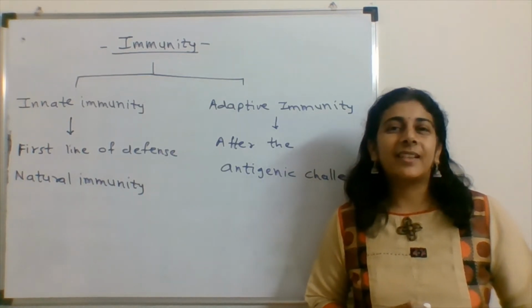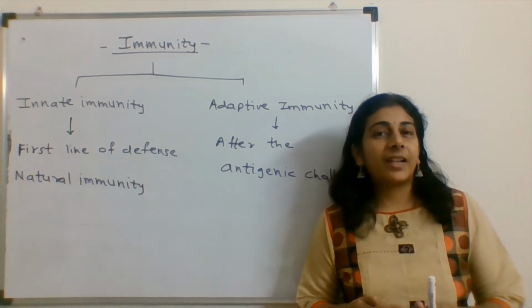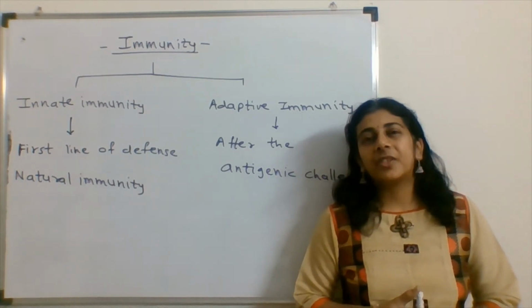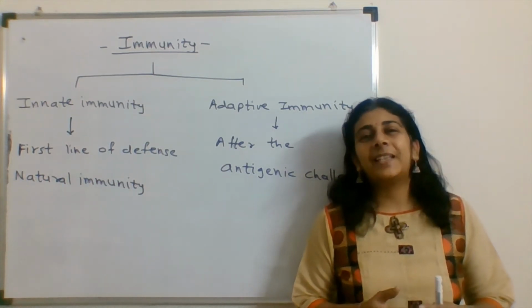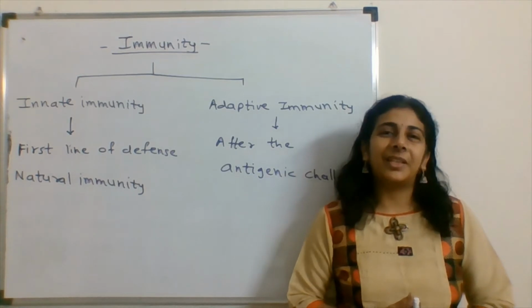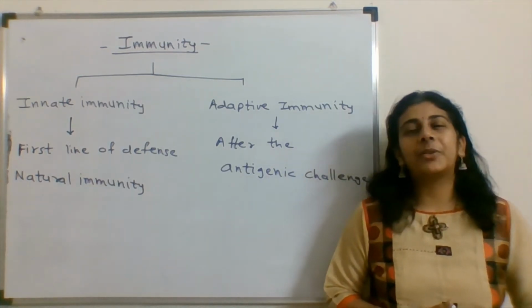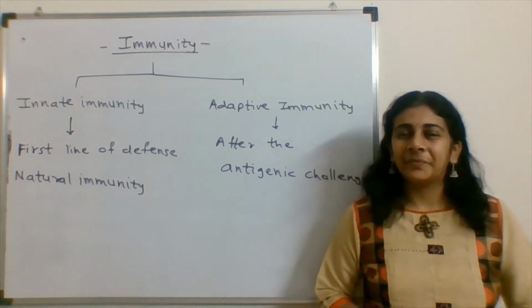Various phagocytic cells, neutrophils, macrophages, these are the components of innate immunity which avoid the infection itself. Skin is one of the barriers for the innate immunity. So today in my lecture we are going to see details about innate immunity.